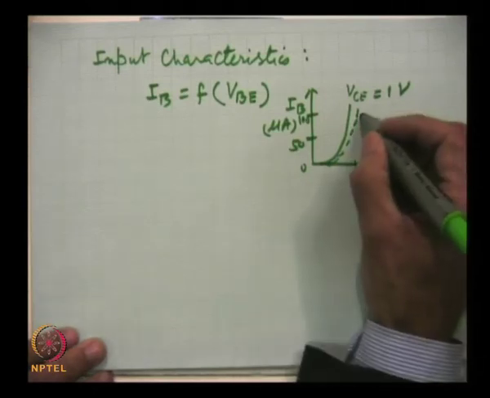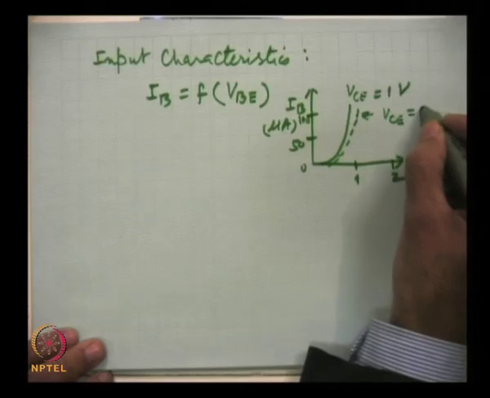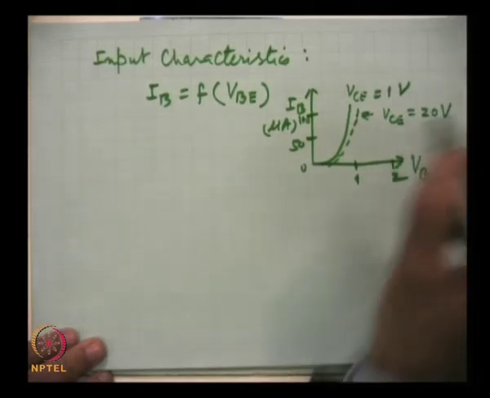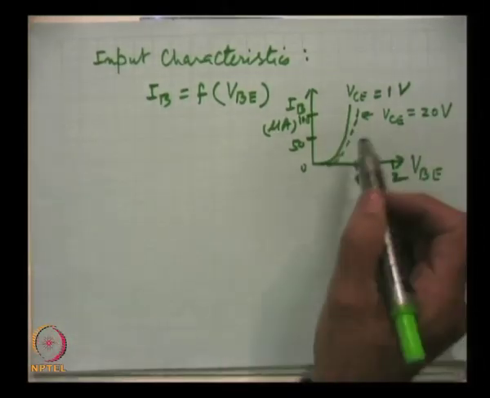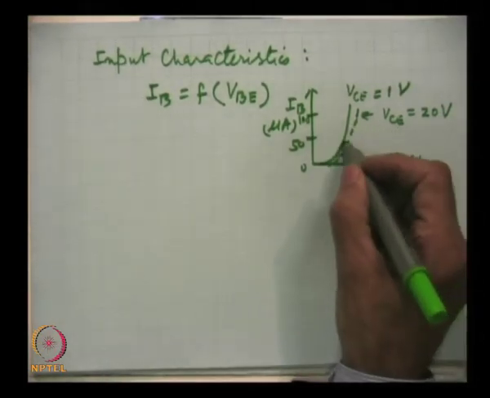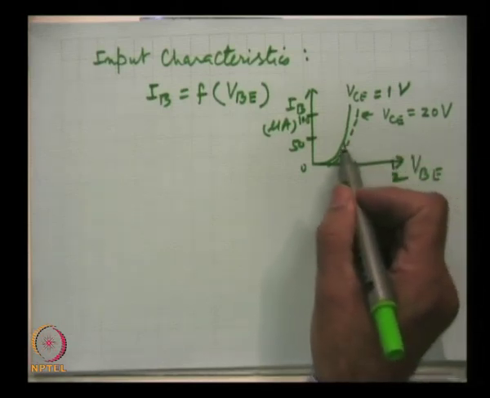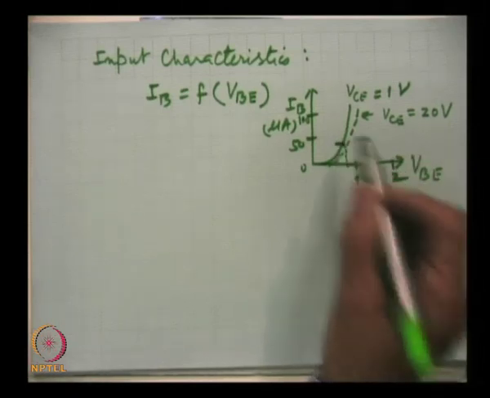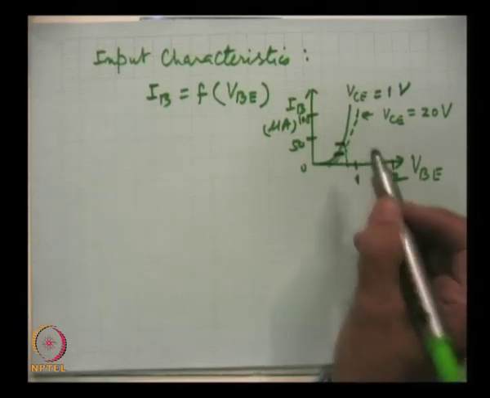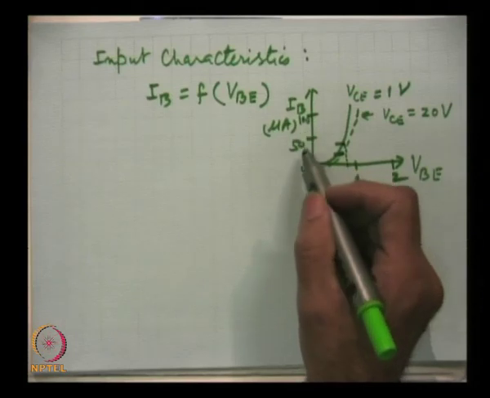This is for VCE equal to 20 volts. What does it indicate? That for the same voltage, now the current has fallen. Earlier it was this current, now this is this current. So, there is a small fall in the base current.